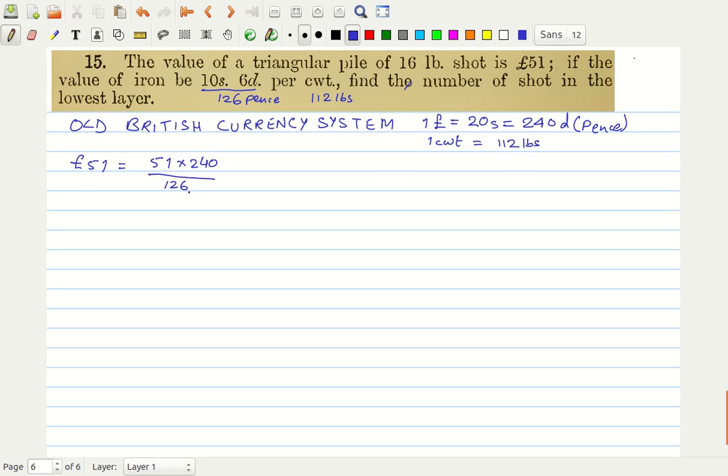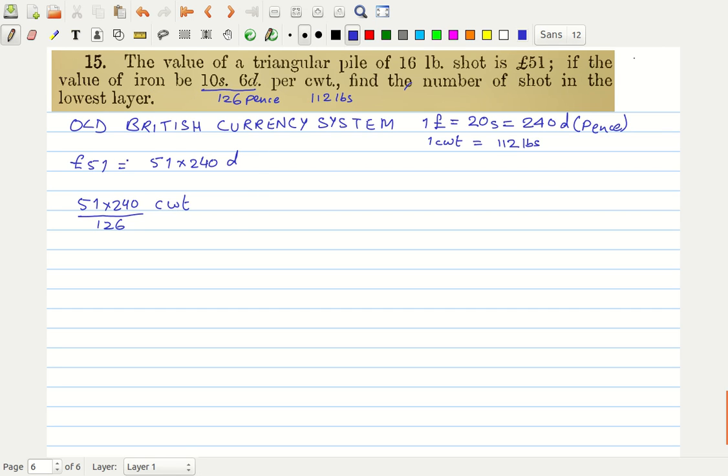So this is 51 pounds in pence. Now if we divide 51 times 240 by 126, we will get this many CWT of iron.